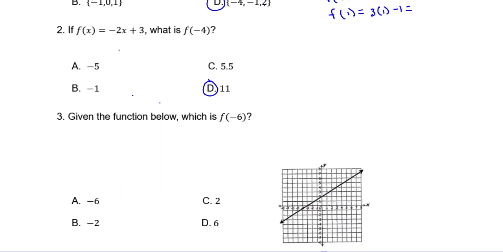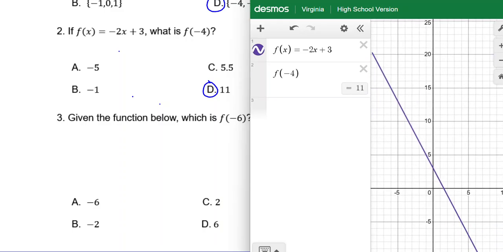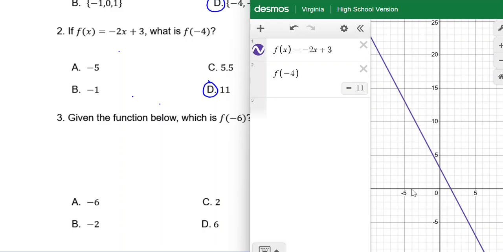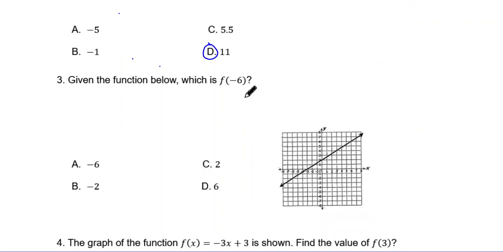Before I go to the next problem, going back to problem number 2, it says that when x is equal to -4, we want to look at what y is equal to. Y is equal to +11. For number 3, we don't have an equation to plug into Desmos, but we do have a graph. It's looking for what your y coordinate is when your x coordinate is -6.